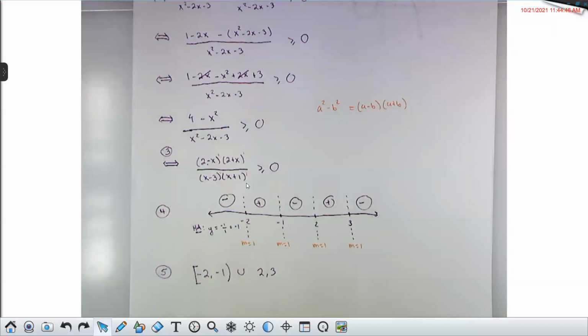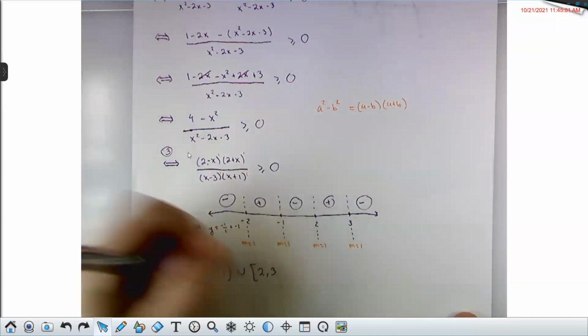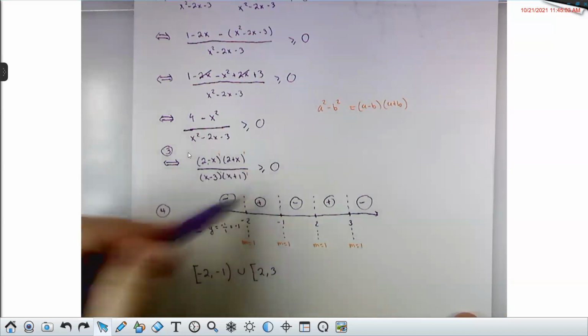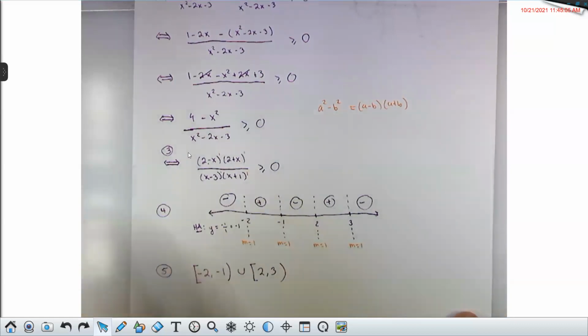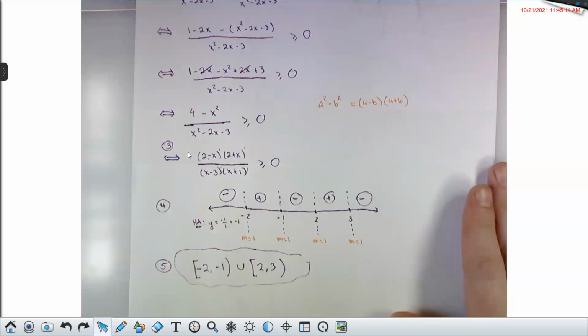So if it's undefined, it's parentheses. Yes. Okay. All right. If I plug in 2, then the top is 0, and 0 is greater than or equal to 0. So that's good. We'll keep him. If I plug in 3, then the bottom is 0. The thing's undefined again. So this guy gets a parentheses. Not too bad, right? That's our answer.